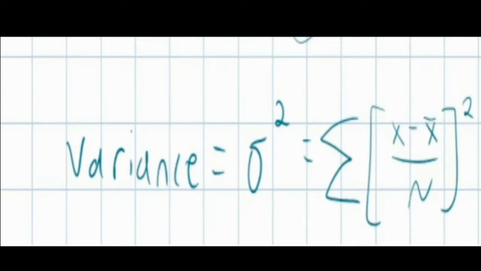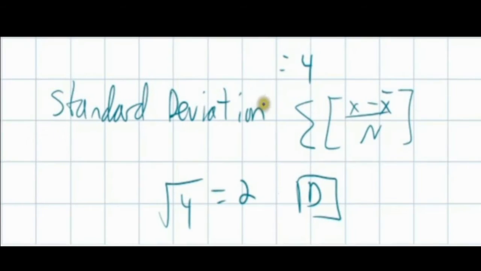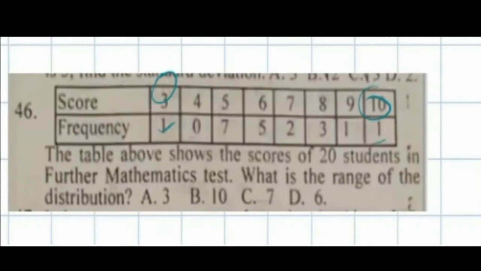So you don't even have to do anything with these numbers. All you have to do is know that standard deviation is the square root of variance. That's the relationship that they have. So that means that since variance is 4, I take the square root of 4 and I get 2. And that's my standard deviation, so that's option D.